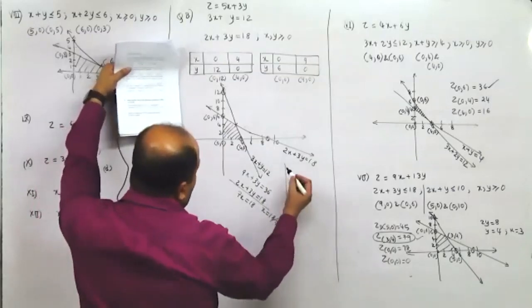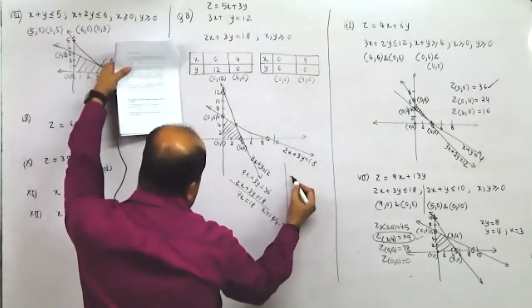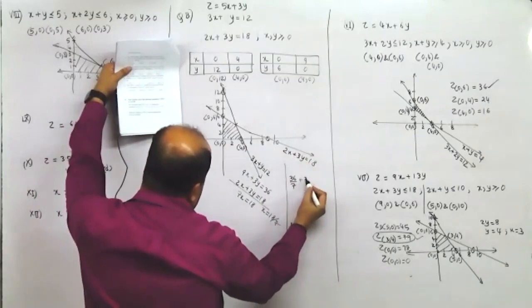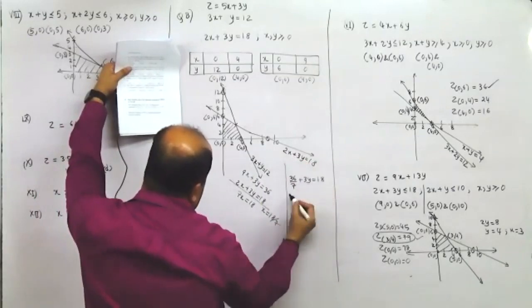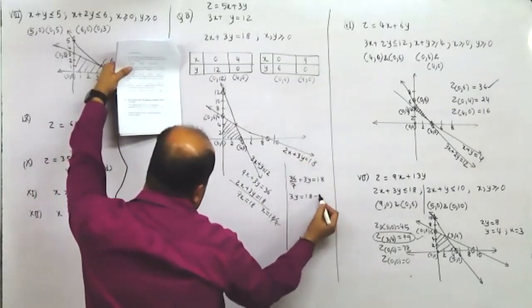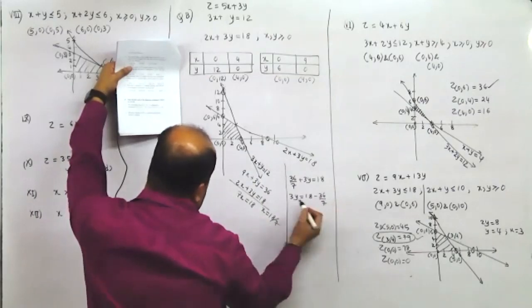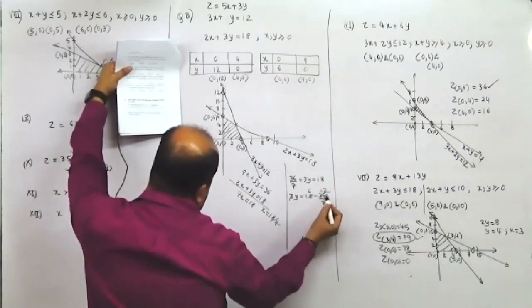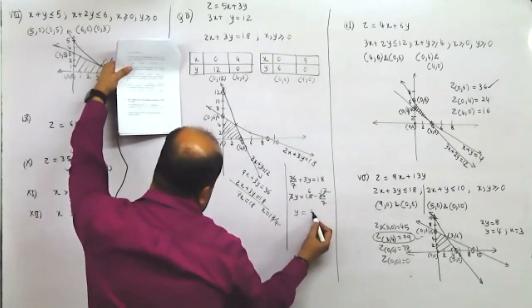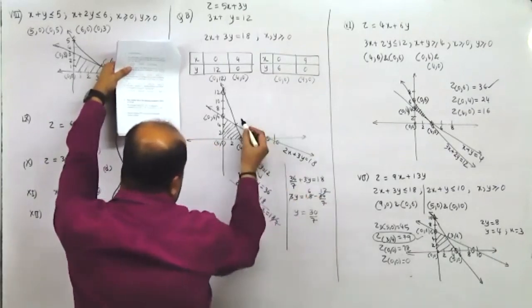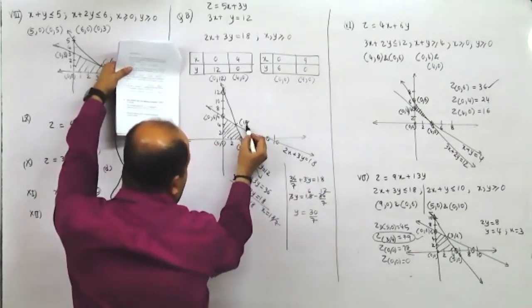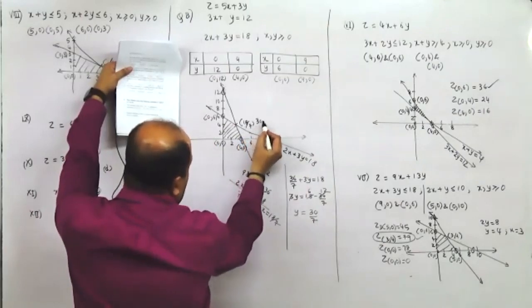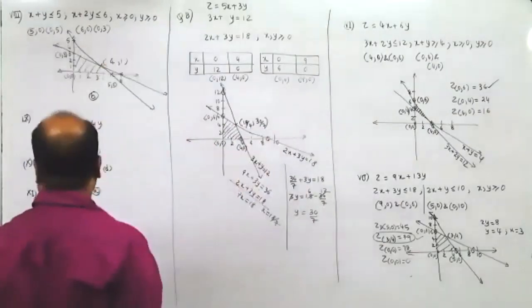Then x is equal to 18 by 7, so it is 36 by 7 plus 3y equal to 18, 3y equal to 18 minus 36 by 7. 3 6 are 3 12 are 6 7 are 42 minus 12, 30 by 7. So it is 18 by 7 comma 30 by 7.